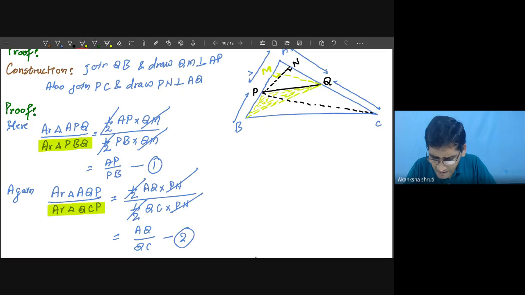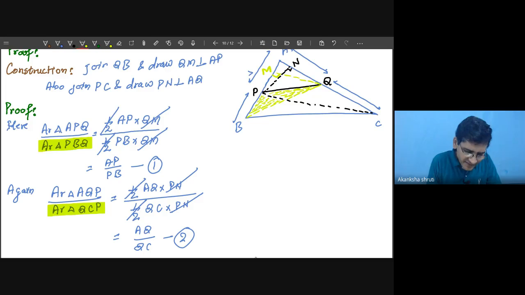This triangle is formed between the two parallels BC and PQ, where the base lies on PQ and the vertex lies on BC. It is one of the triangles.